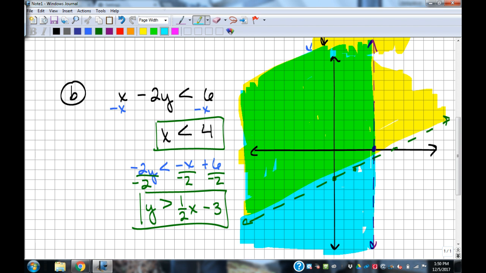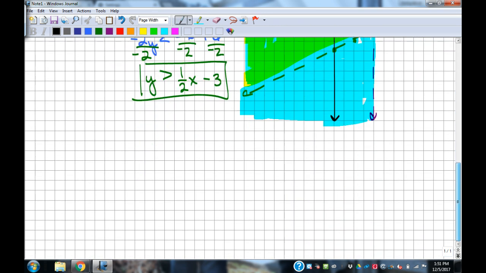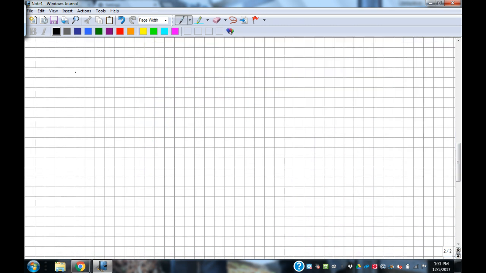We're going to do one more. Okay. Not much harder than this, okay? Let's say we had negative 4x plus 3y is greater than 0.